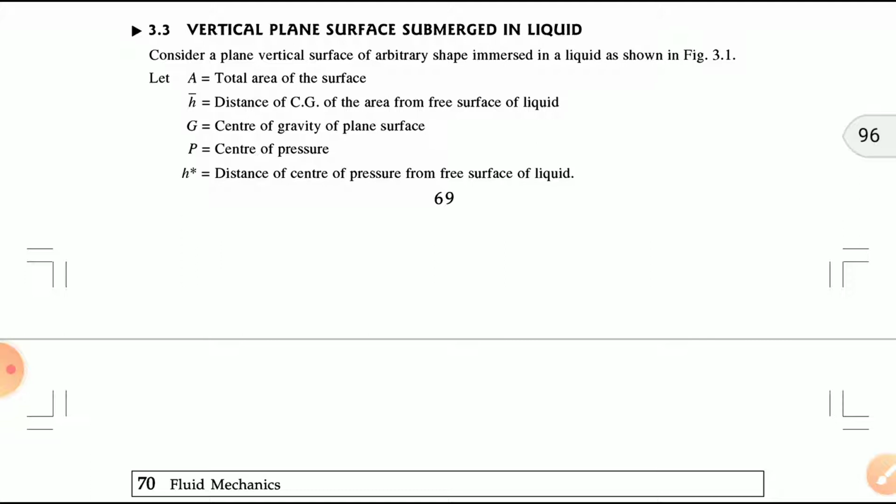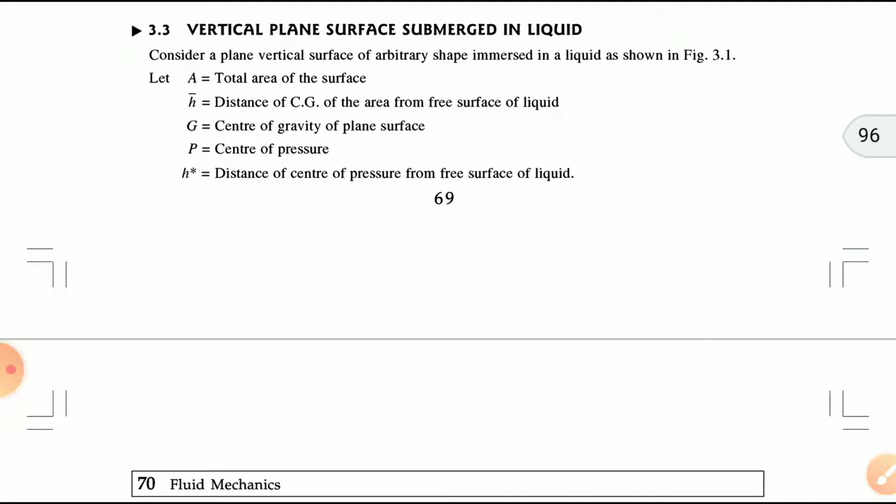Suppose the area of this vertical plane surface is capital A. H bar is the distance between the center of gravity of this area and the free surface of the liquid. Capital G is the center of gravity of this plane surface.